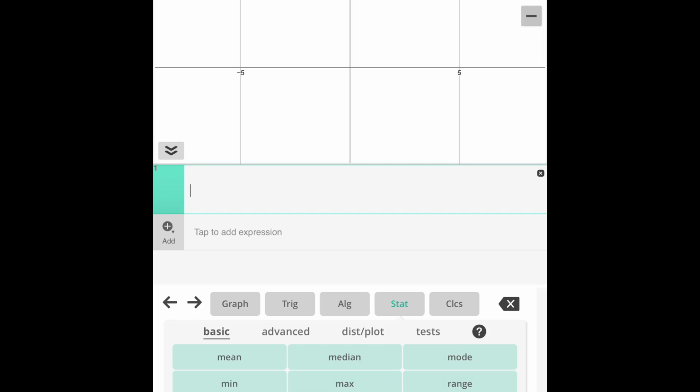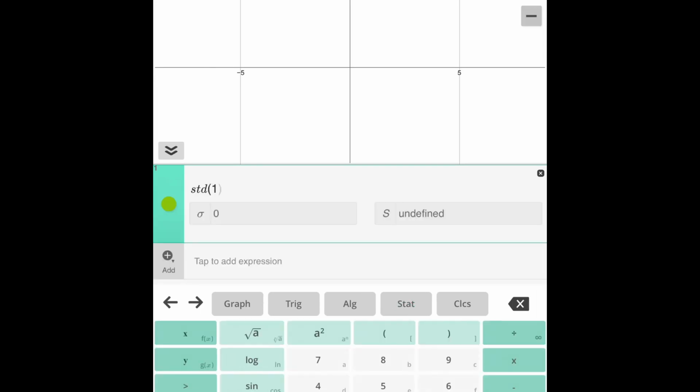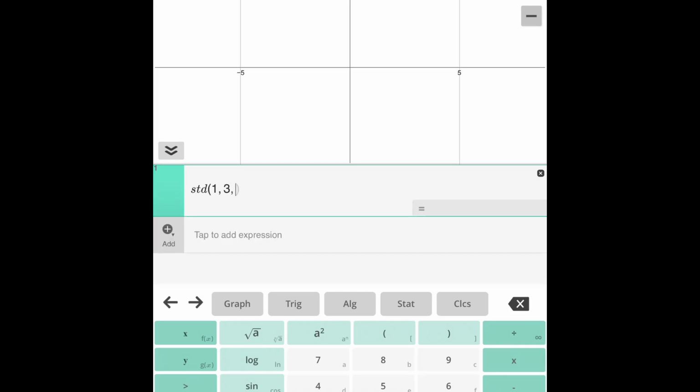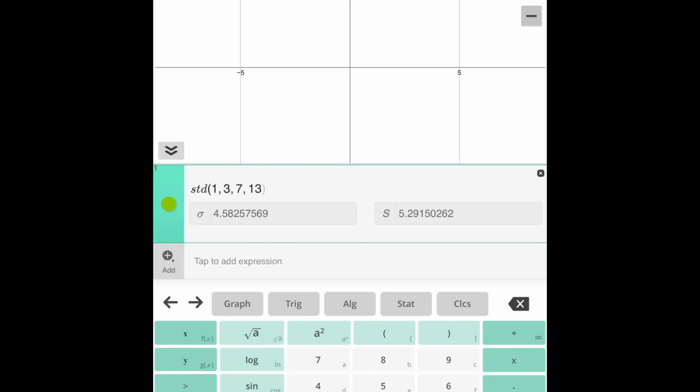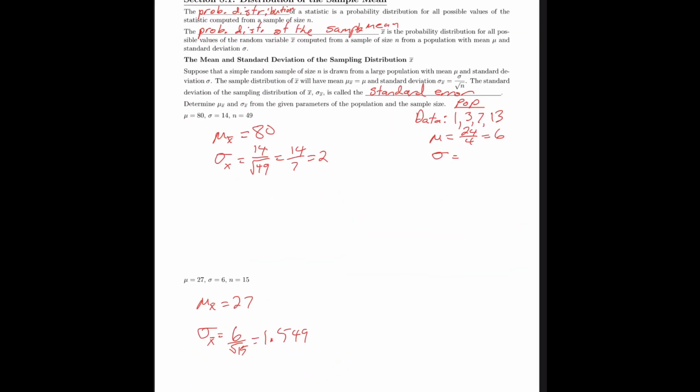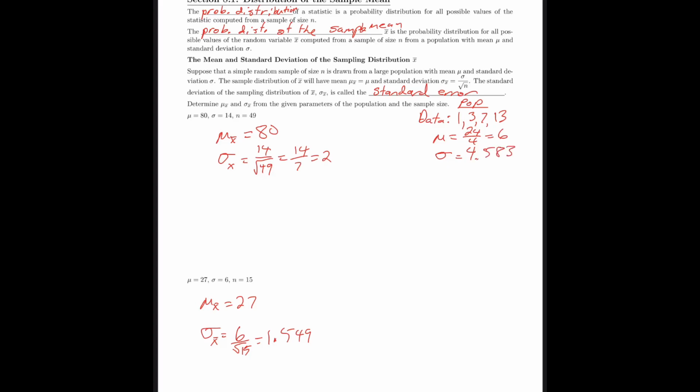So if I go to my class calc app, the graphing calculator, and go to statistics, we can do the standard deviation of 1, 3, 7, 13. Okay, and I get sigma of 4.583.